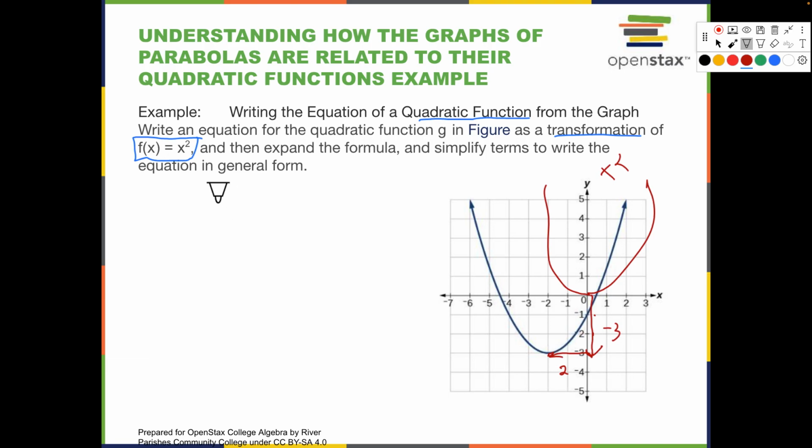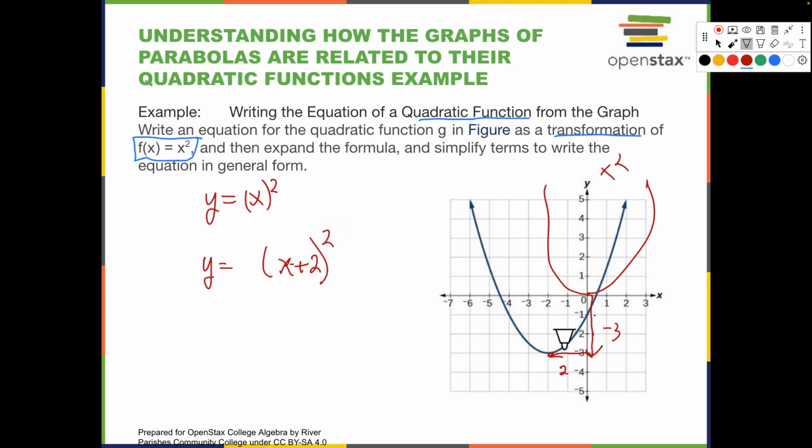And so you can think of, if we started with y equals x squared, from just the transformations alone, we now have inside, to move it 2 to the left, remember, we add 2. Good.